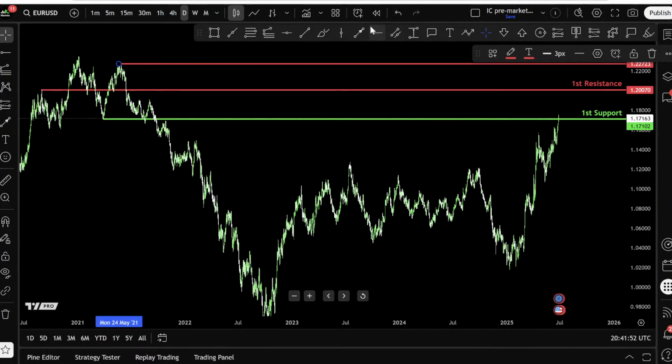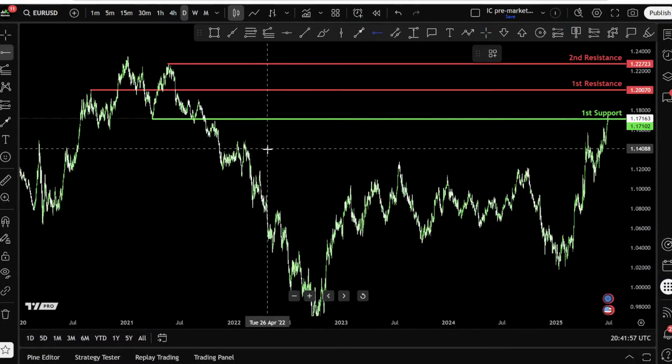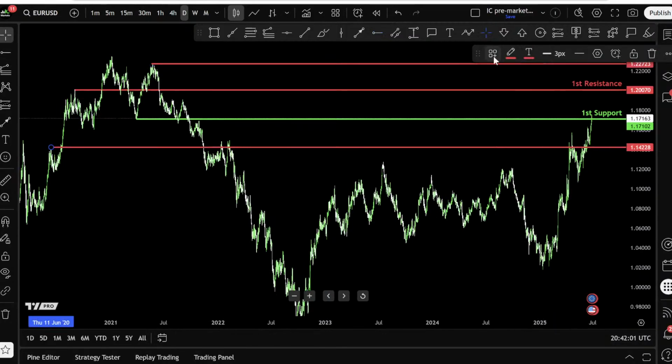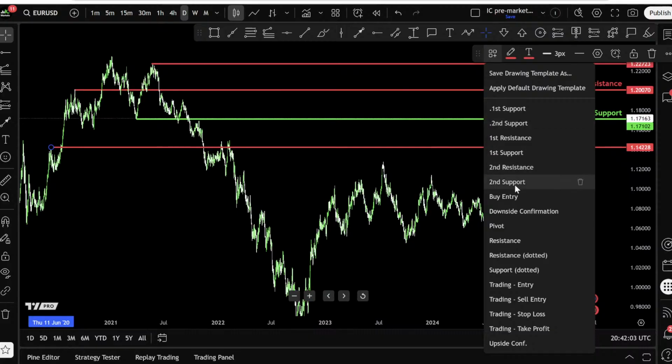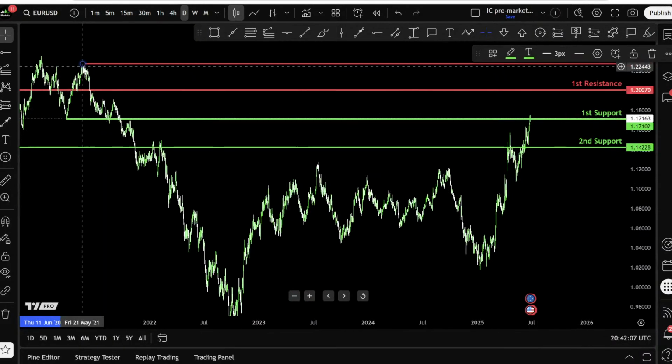Okay, but this is quite an important first step so that it helps us to identify the key levels quickly. Okay, you don't really need this second resistance, so I'm gonna move that.